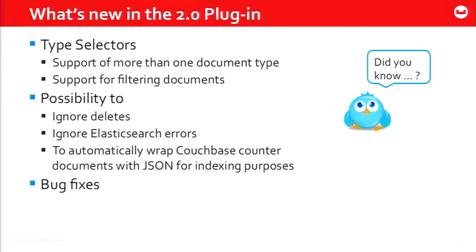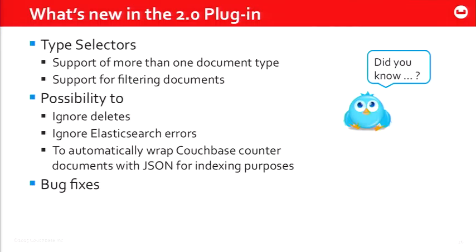Okay, just a few sentences about what's new. We already saw type selectors, so we can now support more than one document type. This was quite often requested regarding the older version of the plugin. We can filter documents before we send them over to Elasticsearch for indexing purposes. We can ignore deletes.